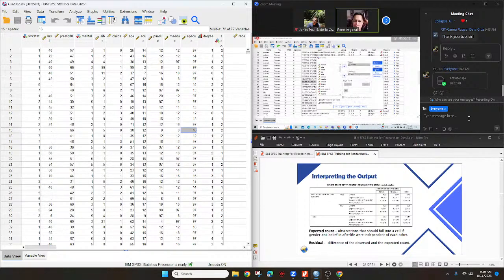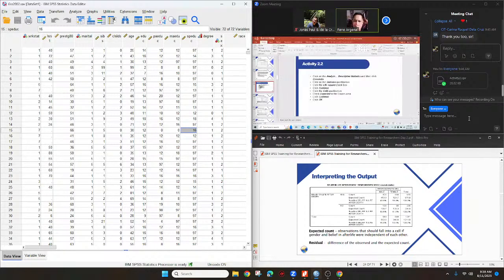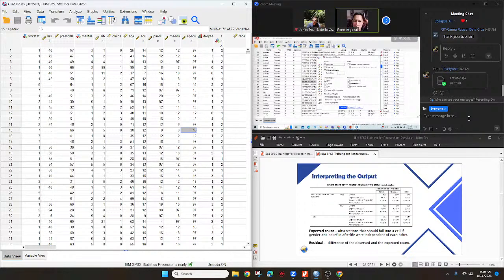And then we are asked to click cells. And then what was the instruction? Check expected in the counts area. Expected. And then continue, and then okay.